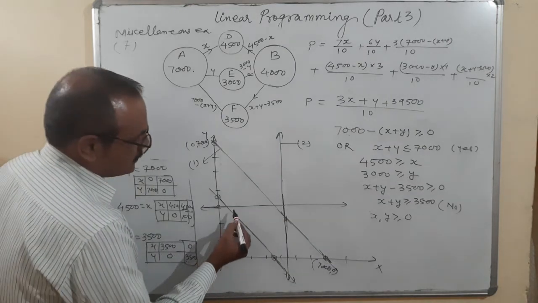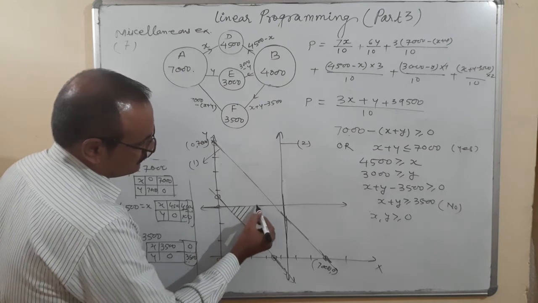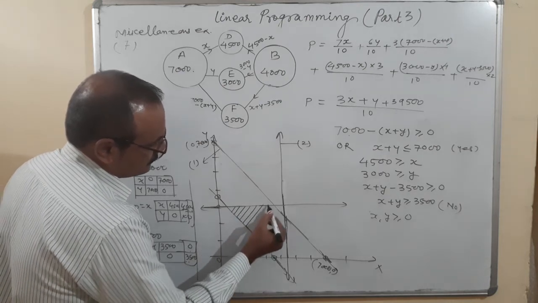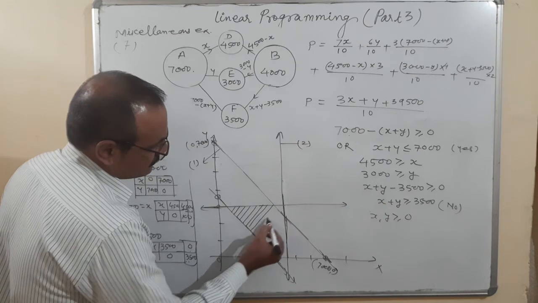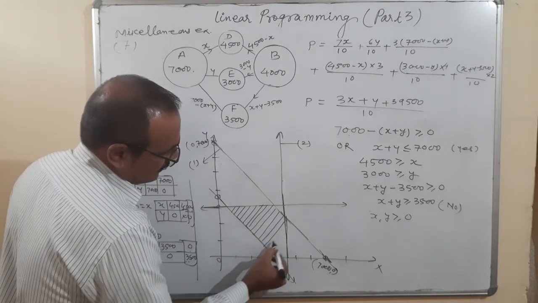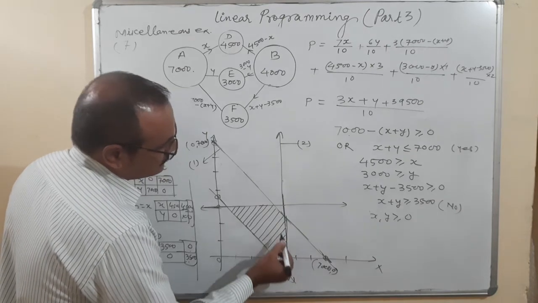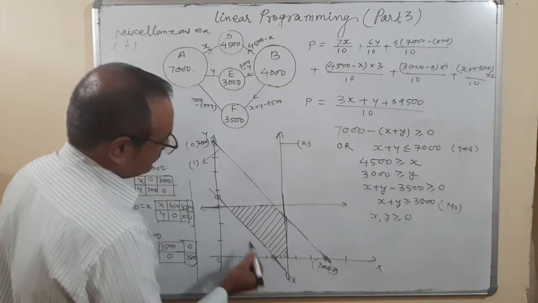So that means the feasible region is this. Okay. This region is feasible.